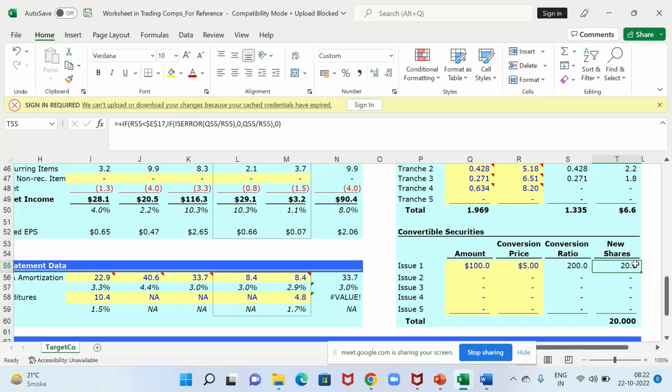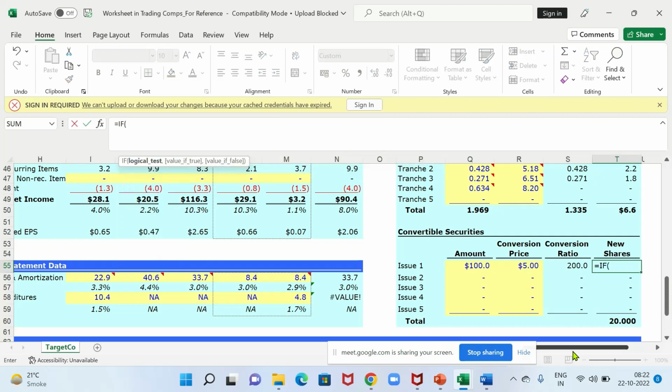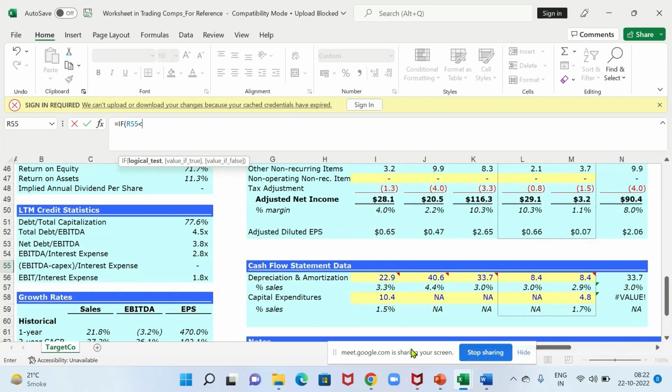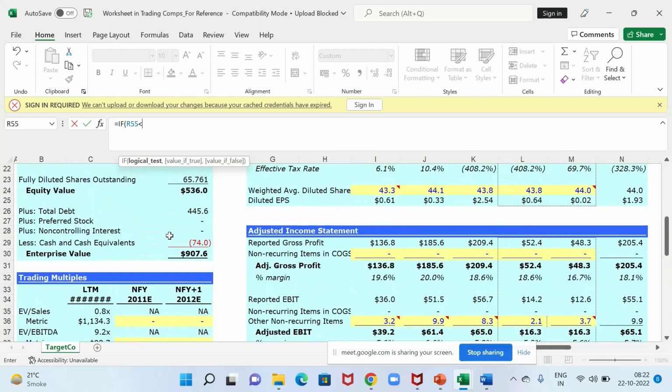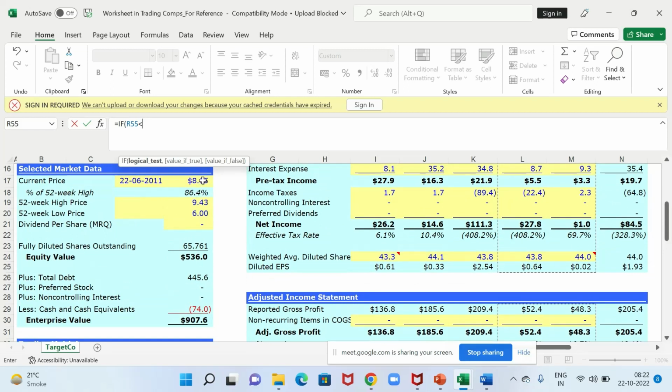You're free to stop me anywhere over here. So let me just build it for you again. Equal to a function if my conversion price is less than current price, right?